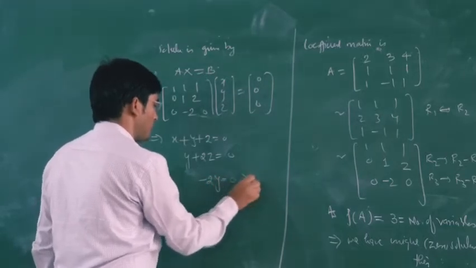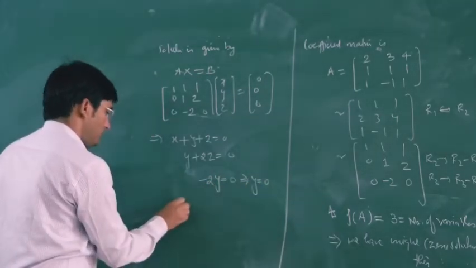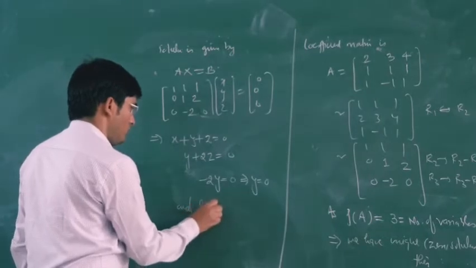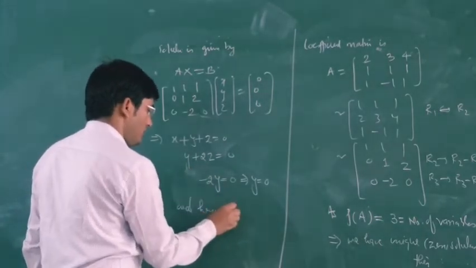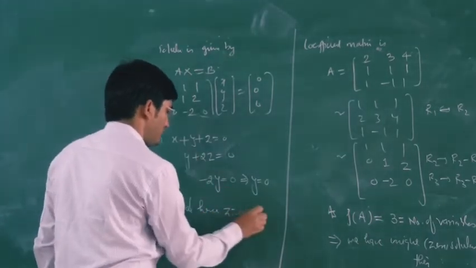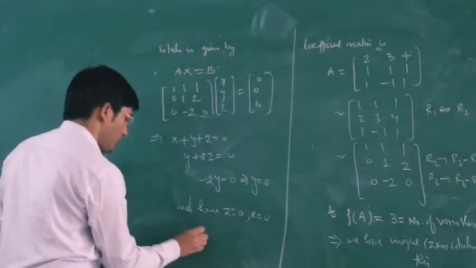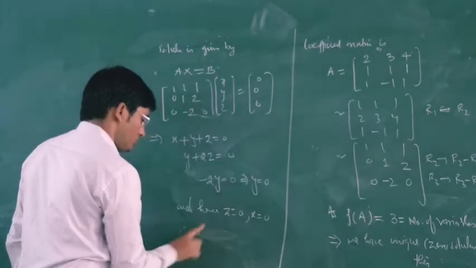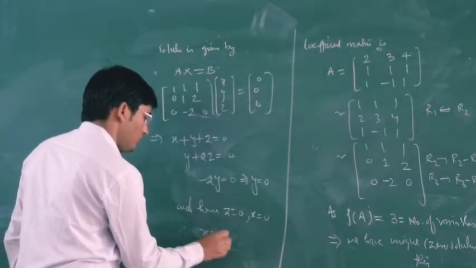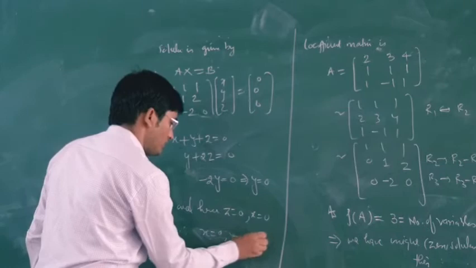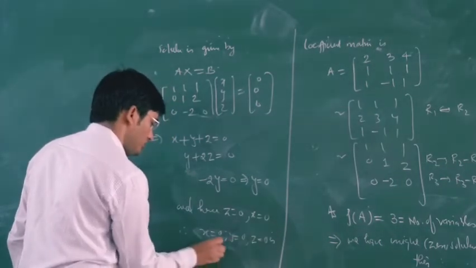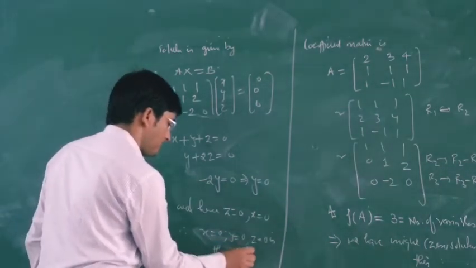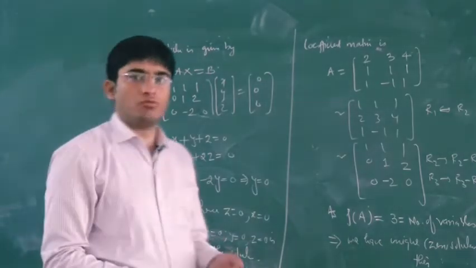So this implies y equal to 0, hence z equal to 0 from here and then x equal to 0 from here. So therefore x equal to 0, y equal to 0 and z equal to 0 is the solution of this homogeneous system of linear equations.